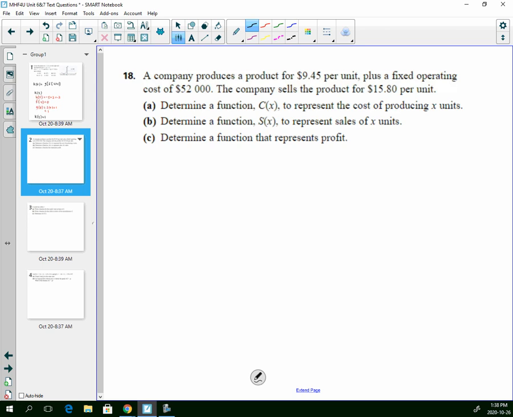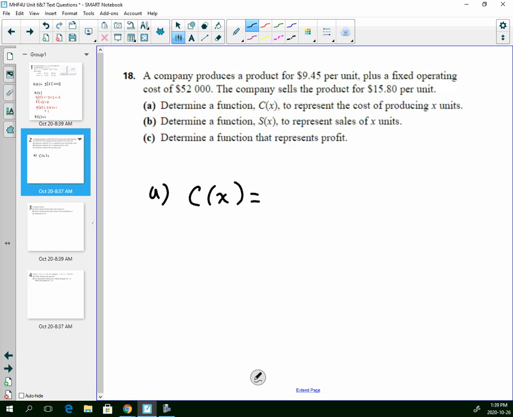And the cost to make the product is $9.45 per unit plus a fixed operating cost. So usually a fixed cost is purchase of equipment, rent of the building, anything that only is paid once, right? It's a fixed value. And then the $9.45 is a variable cost because it changes depending on how many units you produce.